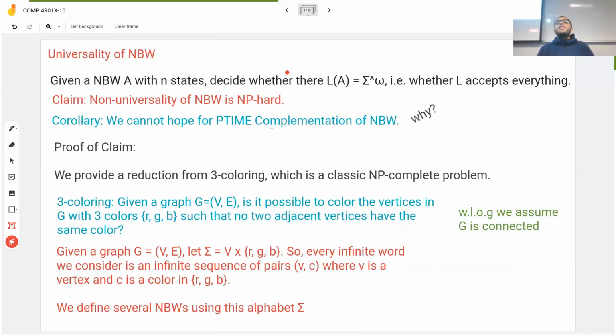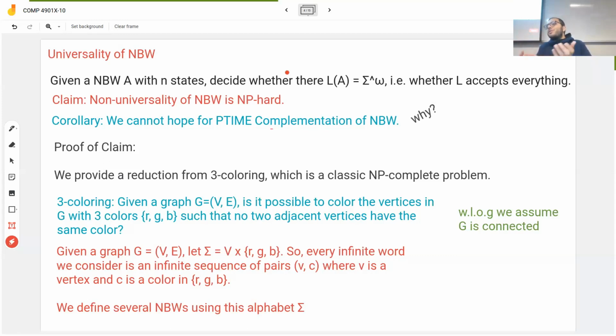Okay? So if I have a connected graph, one way that I can prove to you that this graph is 3-colorable is if I give you an infinite path on this graph, where at every step, I tell you which vertex I am at and which color the vertex is, right?